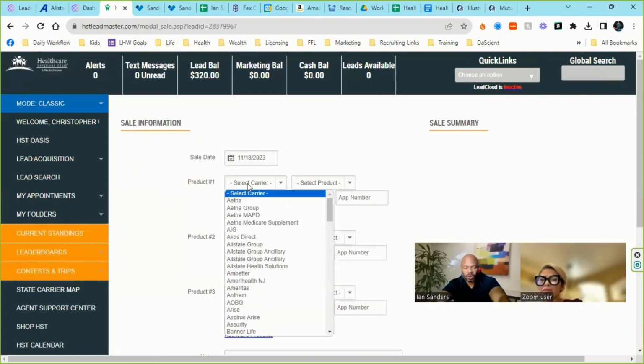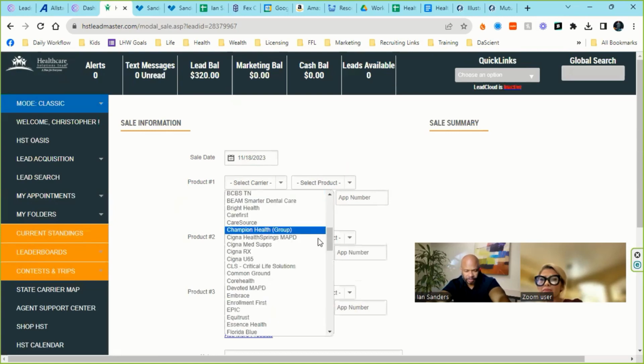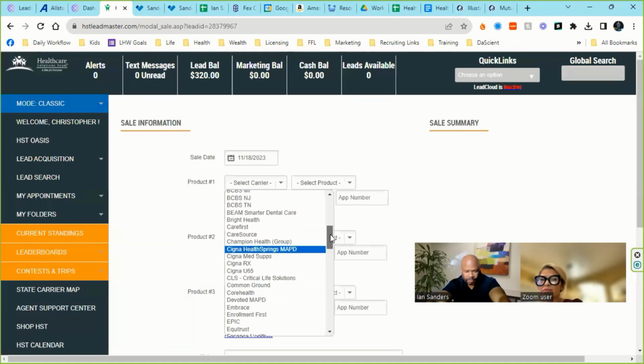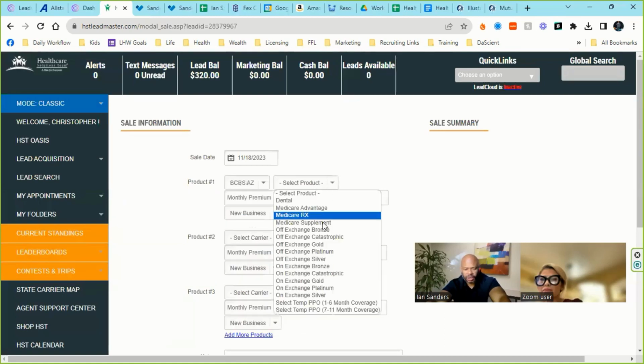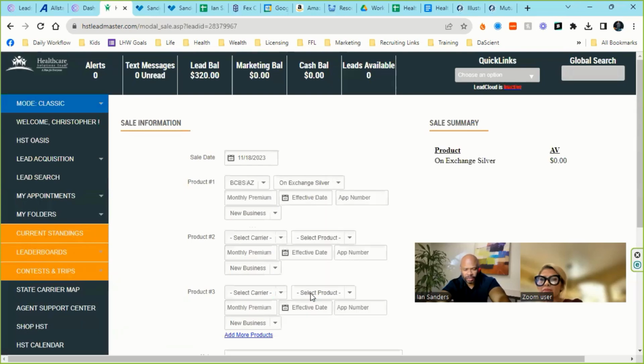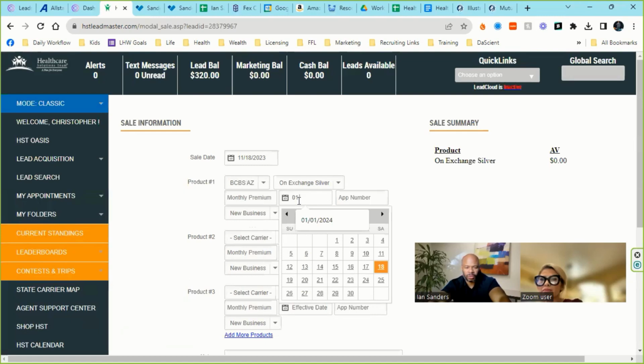And we're going to go with the carrier. We were using Blue Cross, BCBS of Arizona. It was an on exchange silver. The monthly premium and the effective date on this one was 1/1/2024.